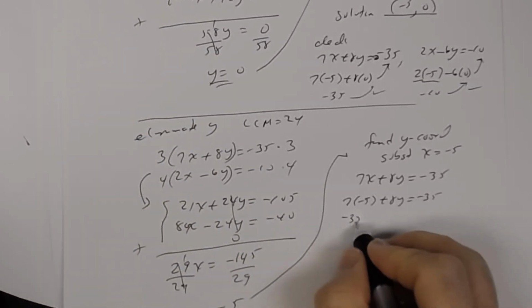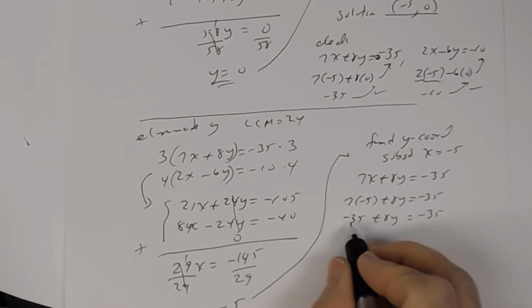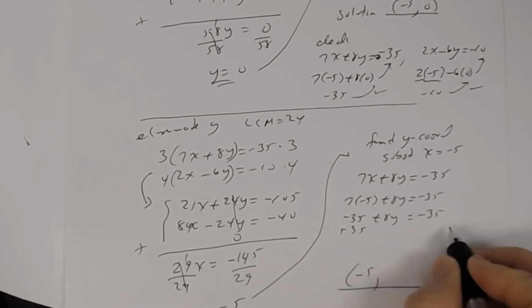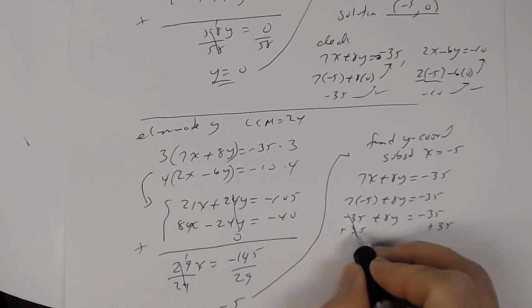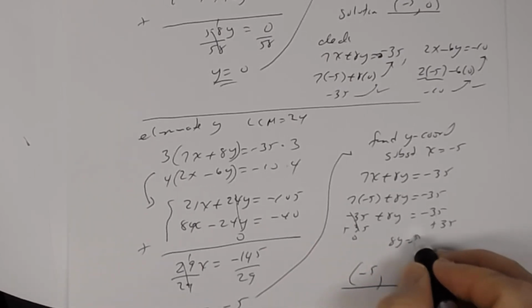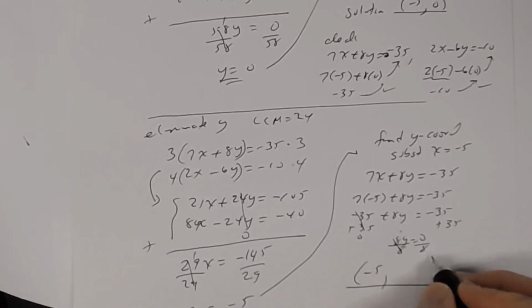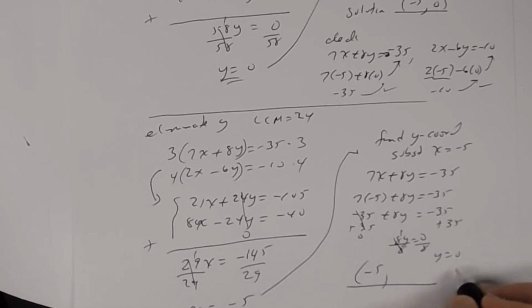So I get negative 35 plus 8y equals negative 35. To get 8y by itself, I've got to add 35 to both sides. And when I do that, this is 0, so I get 8y. This is also 0. So I get 8y equals 0. So dividing both sides by 8, I get y to be 0.